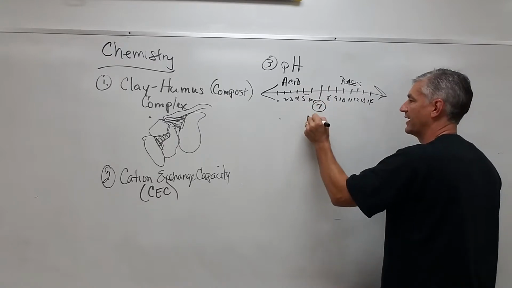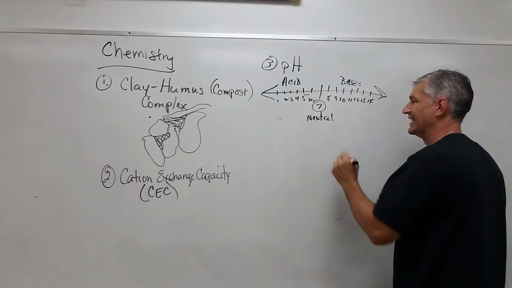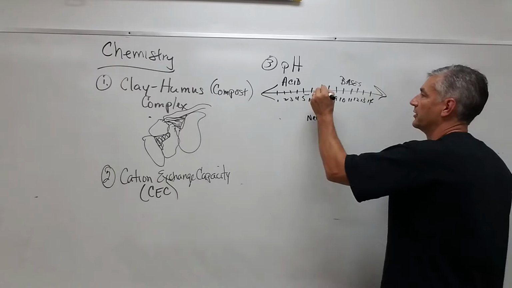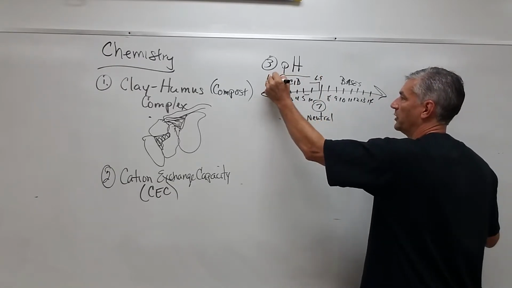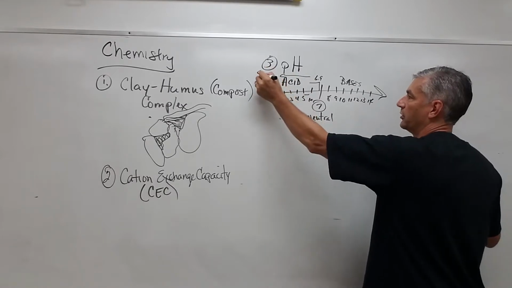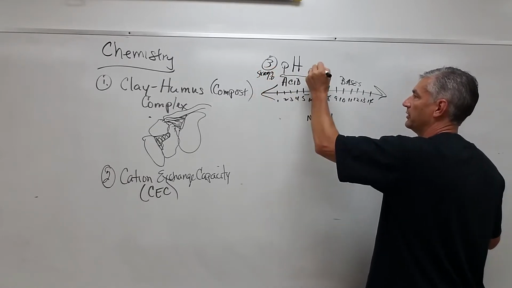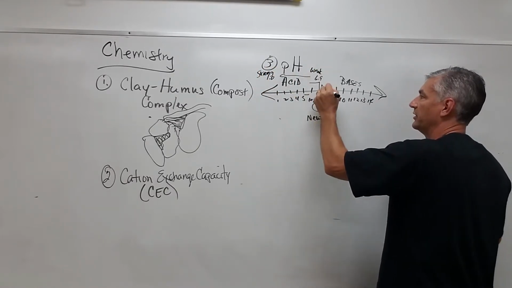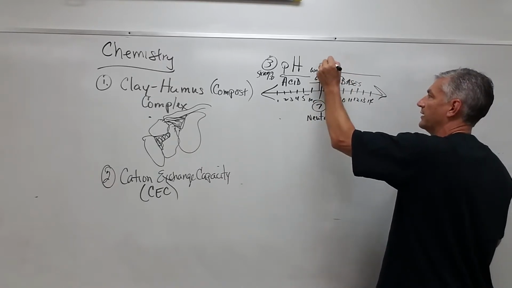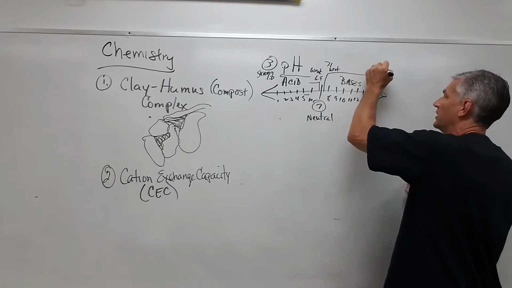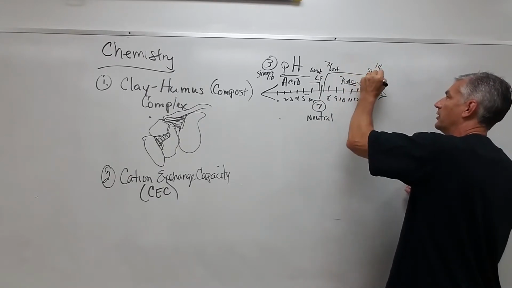And we know that 7 is considered neutral. It's neither an acid or a base. So acids are going to go from 6.9 down to 1.0. It's going to get stronger on the lower number. It's weak up by the 7. The base is going to do the same thing. This is a weak base at 7.1. And if you get down to 14, it's very strong.